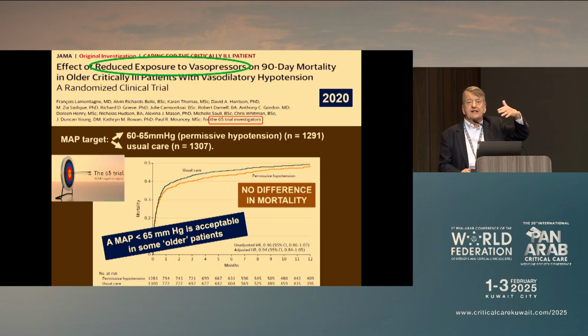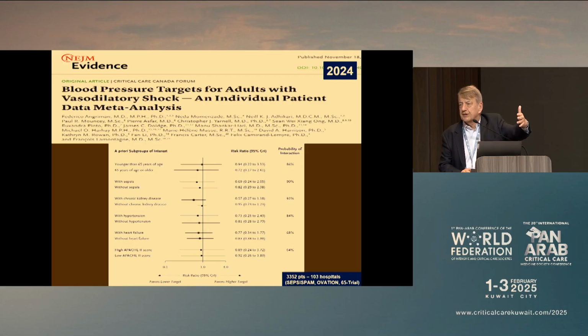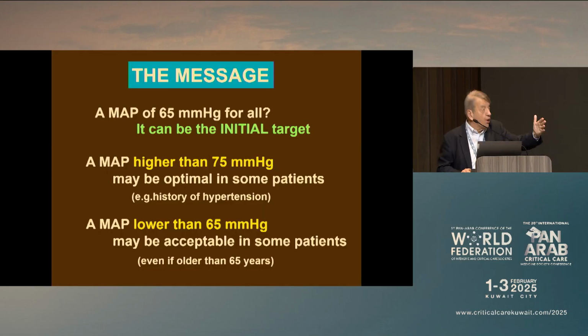Some patients may need a higher blood pressure than others. You can see a recent meta-analysis of individual values showing that indeed a mean arterial pressure lower than 65 may be okay in some patients. So, mean arterial pressure higher than 75 is needed in some patients. A mean arterial pressure lower than 65 may be acceptable in some patients.